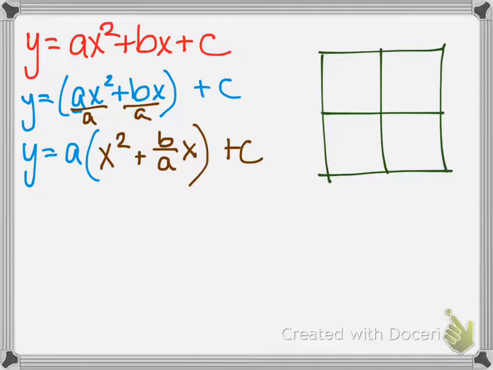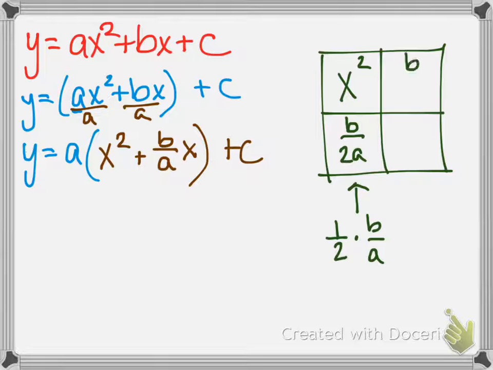Okay, so here I would still have the x squared, and here would be half of b, and b in this case is b over a. So it's half of b over a, which when put together is b over 2a. So this is also b over 2a. Now these are multiplied by x because of where they are in the square.